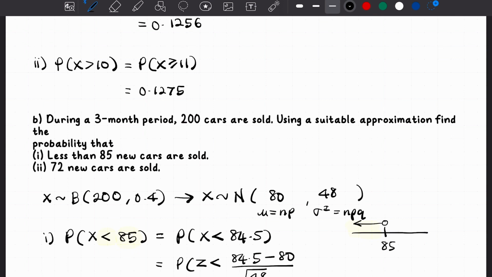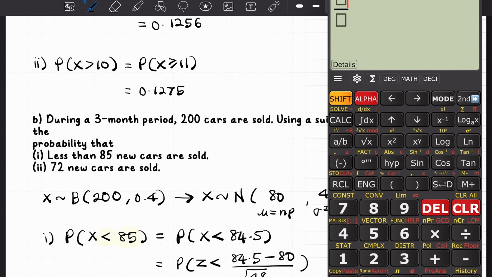Why do we need the square root? This is the standard deviation and this is the value of the variance. So to find the standard deviation, we square root our variance, which is square root of 48. Now let's find the value of our Z score. 84.5 minus 80 divided by the square root of 48, correct to two decimal places, so Z is less than 0.65.